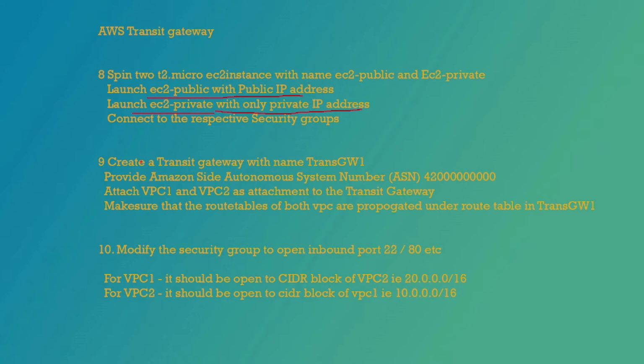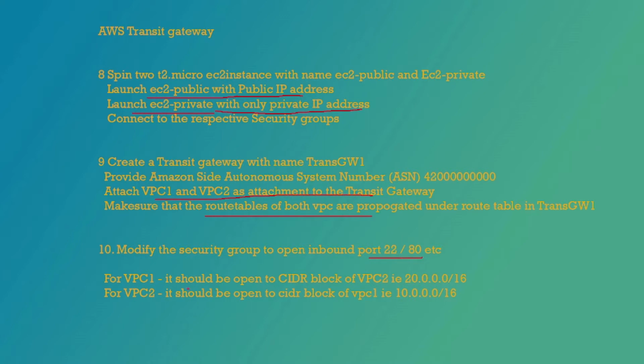Then we need to create a transit gateway. Then we need to attach VPC1 and VPC2 as attachments to the transit gateway, and make sure that the route tables for the VPCs are propagated. And also you need to modify the security groups for the inbound port 22 or 80 or whichever port that you need access to.